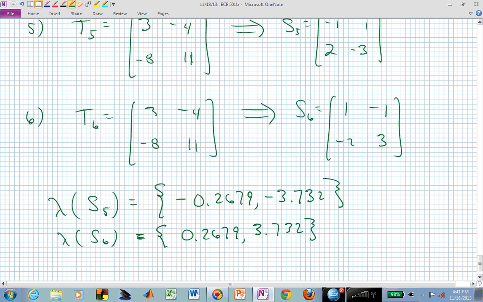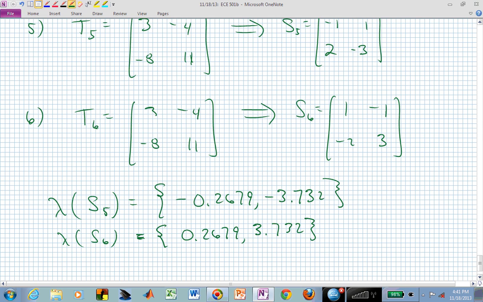So now you have positive eigenvalues, and S sub 6 is a positive matrix. Although it's not, is it? Because S sub 6 is not self-adjoint. And for S6 to be a positive matrix, it needs to be self-adjoint.